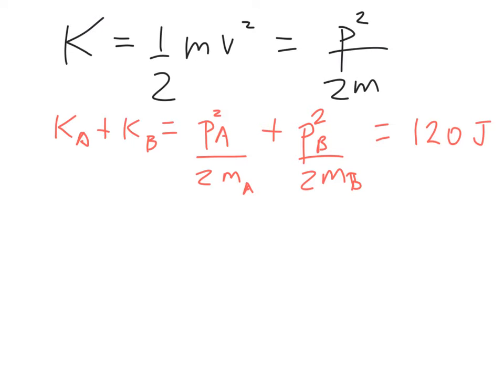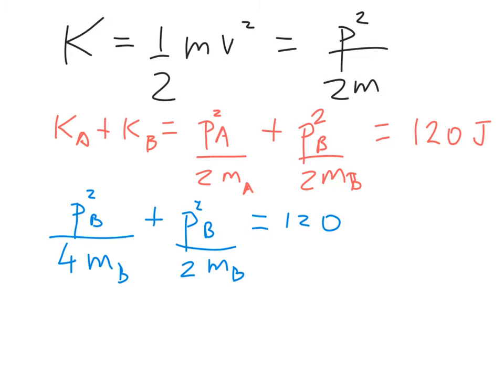So, rewriting our expression, we have PB squared over 4MB plus PB squared over 2MB is equal to 120, where I have substituted PB squared instead of PA squared and 2MB instead of MA. Adding these two fractions together, we get 3PB squared over 4MB is equal to 120 joules.